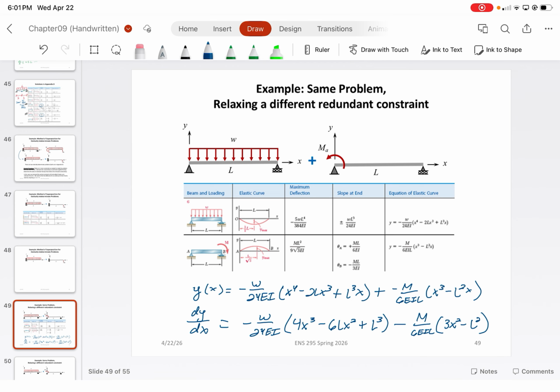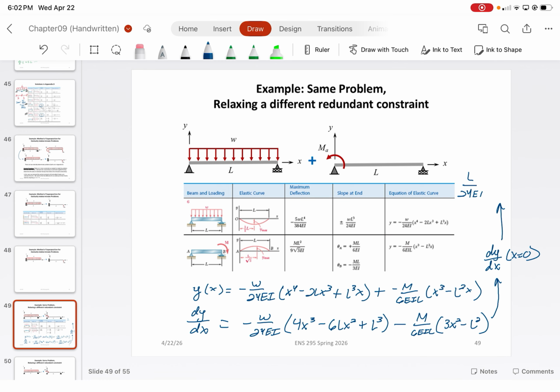All right. And in order to solve for what the bending moment would be at that point, you could simply set dy over dx for x equals 0. So just plug in x equals 0. And what we should get from this is the following.